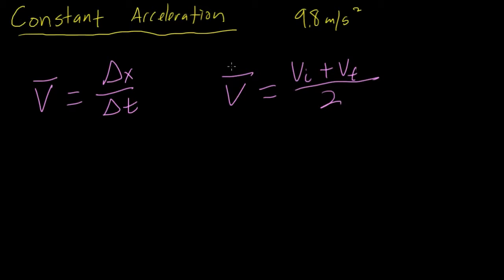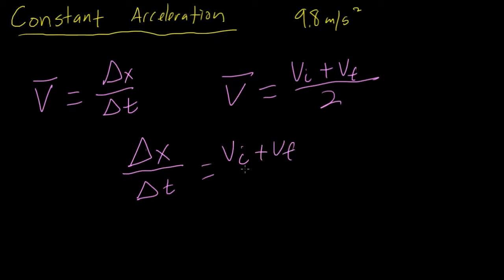Well, let's see what happens when we set those two things equal to each other. They're both average velocity. So we can say the change in position, change in displacement over the change in time equals (vi + vf) divided by 2. Interesting.